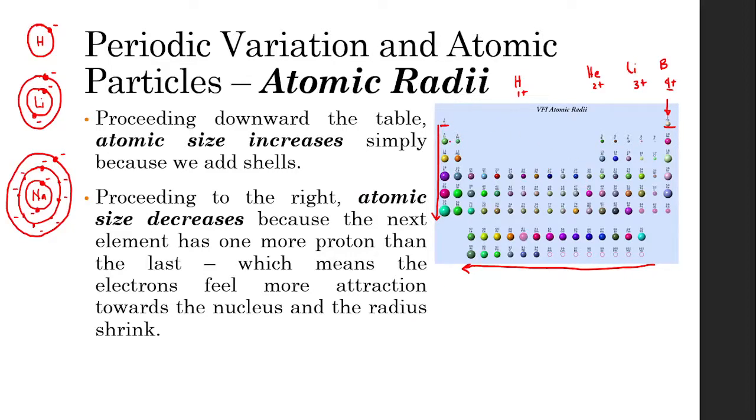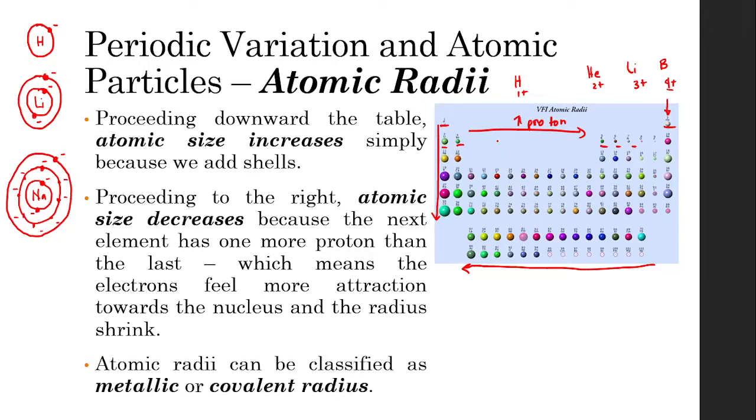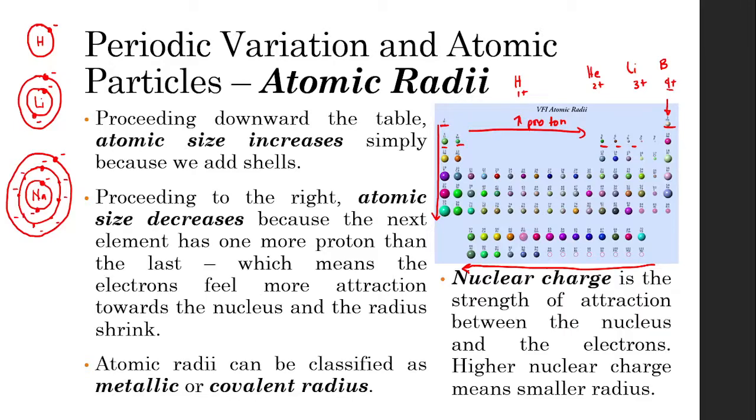Since we are increasing the number of protons as we go from left to right, the electrons feel more attracted to the nucleus. That's why they are shrinking. The electrons want to get closer to the nucleus. Okay, and that's what we call the nuclear charge. The nuclear charge is the strength of attraction between the nucleus and the electrons.